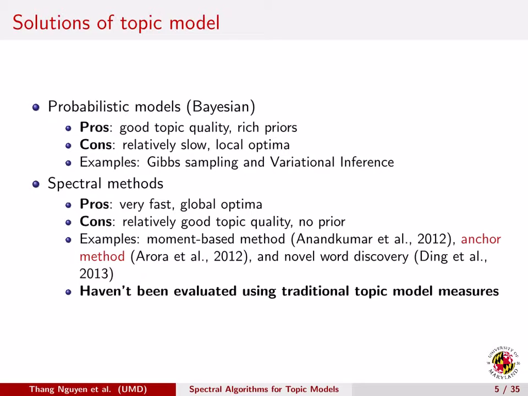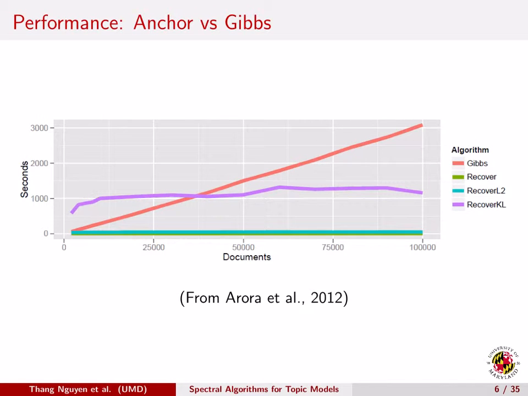We're going to focus on a technique called the anchor algorithm by Arora et al. And it's very attractive because if you look at how it scales as you get to millions of documents, compared to traditional techniques like Gibbs sampling, which scales nearly linearly, the anchor algorithm is basically a flat line.